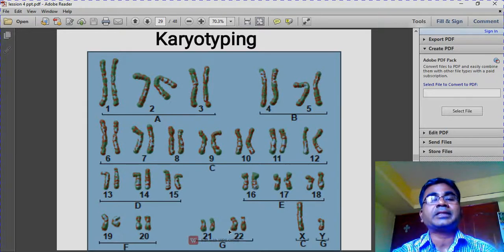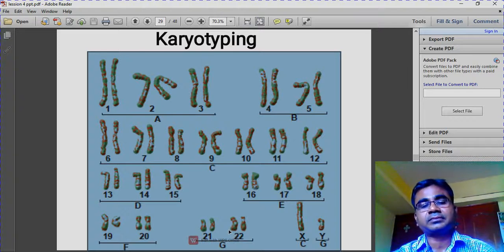By observing this karyogram, you can easily identify the sex of the individual. Even before birth, whether it is a male child or a female child can be identified by this karyotyping.